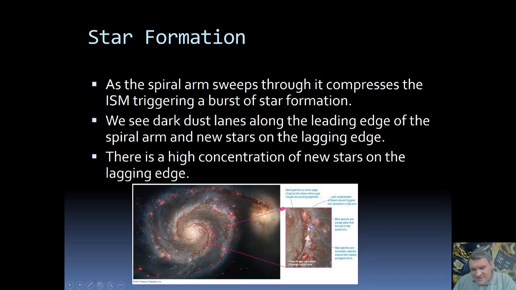Then, as we progress towards the side, we go from dark nebula to emission nebula, where the stars have formed and are beginning to energize and heat up the nebula, causing it to glow, and then on the other side we have a whole bunch of newly formed O and B blue stars. So what we see happening through the spiral arm really does fit with our ideas that spiral arms are density waves.